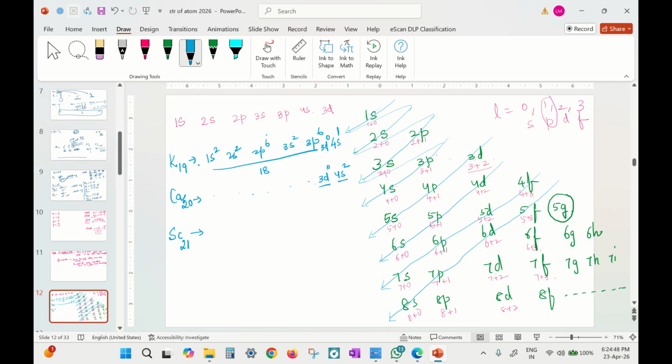We can actually put calcium as argon followed by 3d0, 4s2. Every time, if you don't want to write the entire electronic configuration, we can just write the previous inert gas. After that, whatever extra electrons are there, we will write separately. So argon has got 18 electrons. So tell me for scandium.